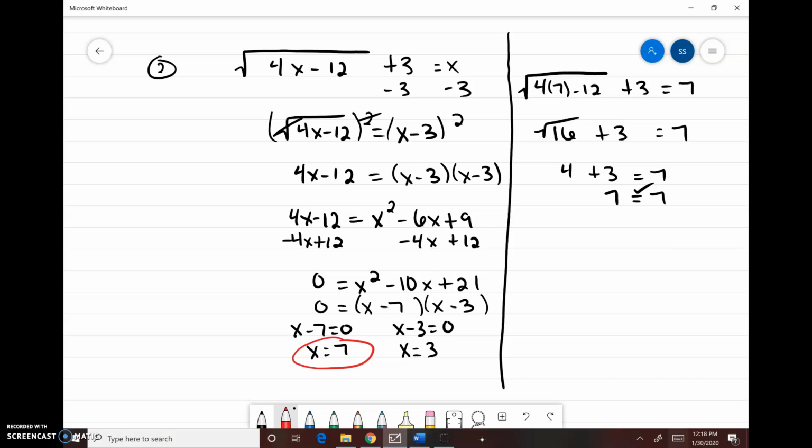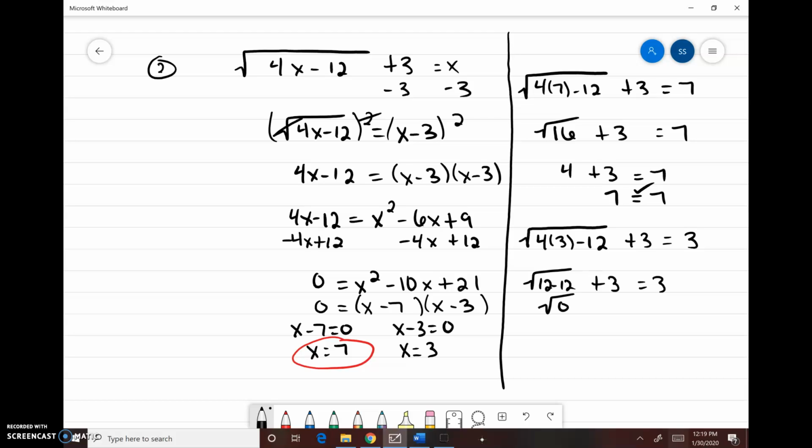Now we're going to check x equals 3. So we plug in 3 everywhere we see x. So we have square root of 4 times 3 minus 12 plus 3 equals 3. Well, 4 times 3 is 12. So we get 12 minus 12 plus 3 equals 3. Well, 12 minus 12 is 0.